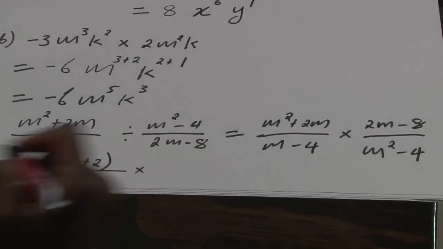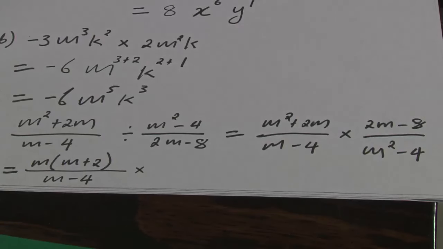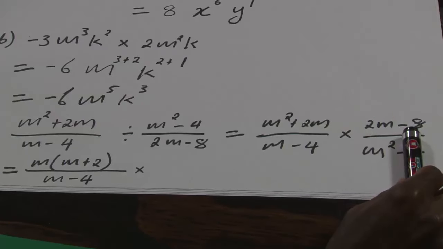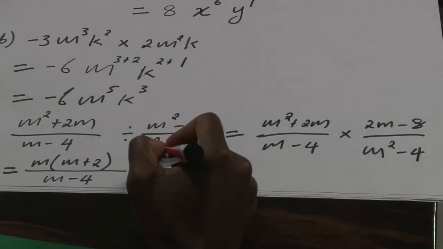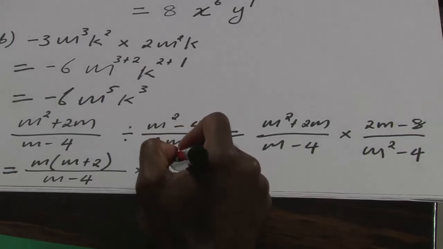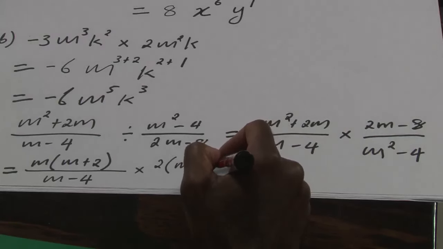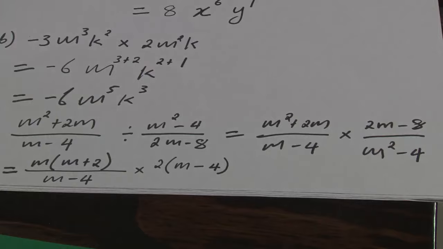And then we multiply this with the top of the second fraction, and we see that the second fraction also has a common factor, which means the first term has 2 as a factor, and 8 is also a multiple of 2. 8 is 2 times 4, and therefore we can also take one of the 2's out. And what we get is 2 times m minus 4. As I said, 8 is 2 multiplied by 4, and therefore you take 2 out, you are left with 4.